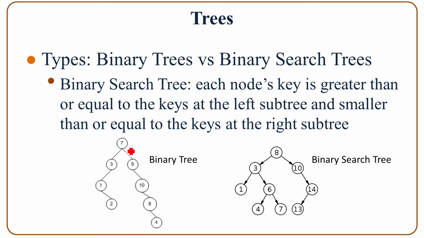So look at the example on the left. Look at the right subtree. We can see that node 10 here has the key of 10, which is actually greater than 8.